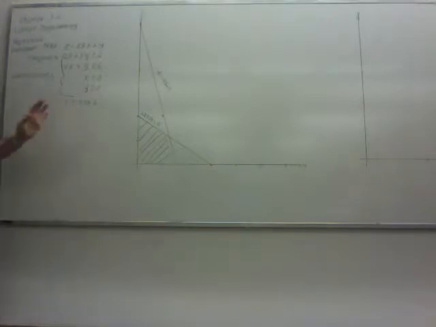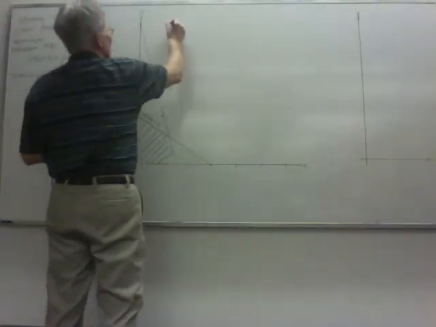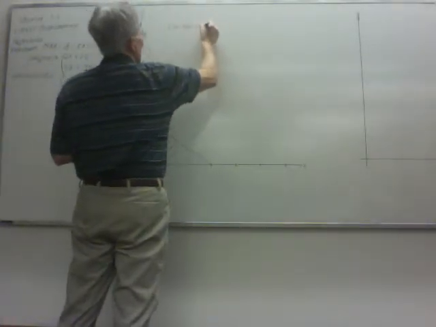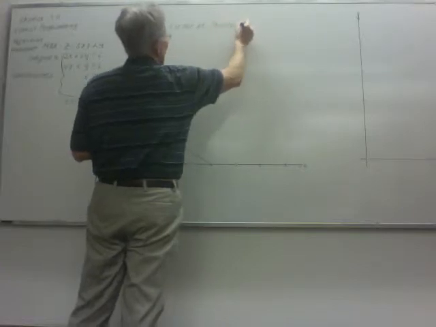Well, the way that we're going to do that is through something which is called the corner point theorem. And I'll tell you all about corner points in just a second.